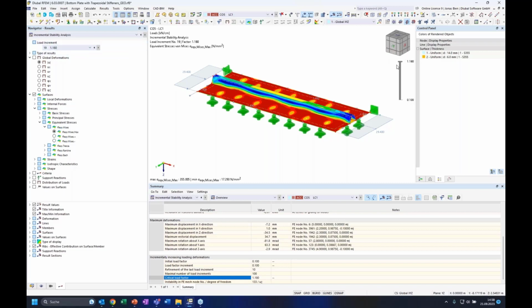We can on one view already see the maximum load increment that we reached, and we can check this for all the load combinations. And we can see that for load combination 1, 4 and 5, which was the group of imperfection, we have the minimum load factor.